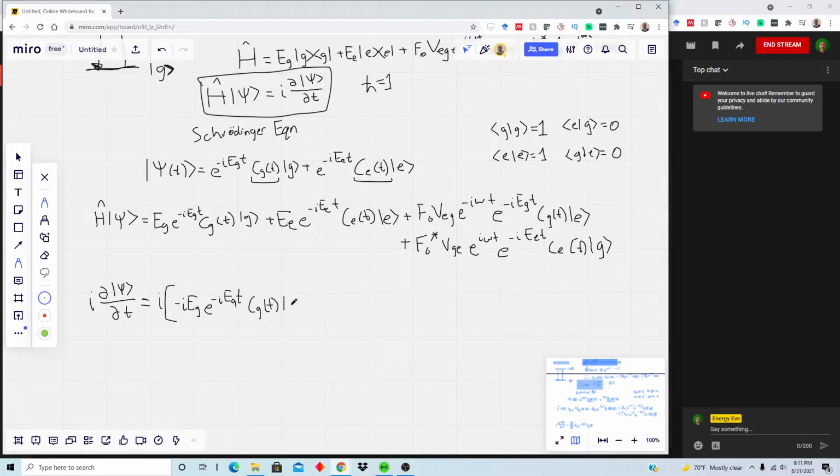And then we still have the gt, and then we take the time derivative with respect to this, and we get this times the time derivative, which we'll denote with the little dot above.